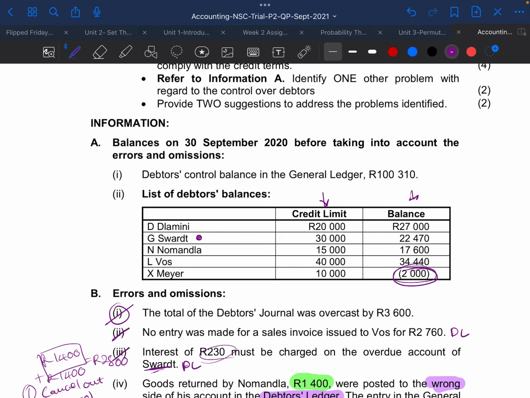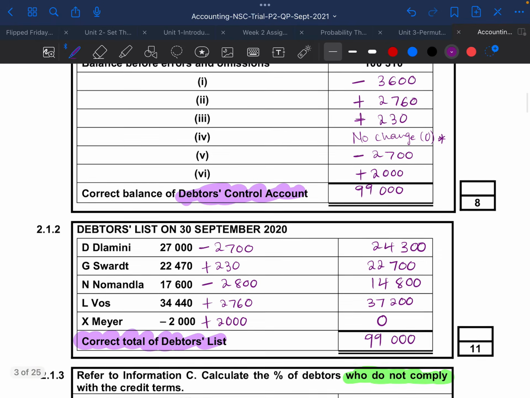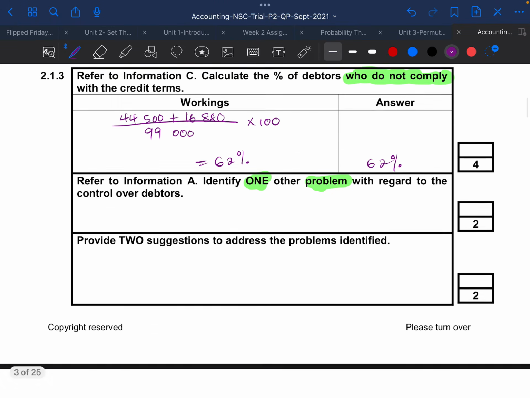Now if we are continuing to sell to debtors beyond their credit limit, then that is a problem in the business, because we have 1, 2, okay, so it's only 2 people who have exceeded their credit limit, but indeed it is a problem. So we are just going to state here that it's only 1.